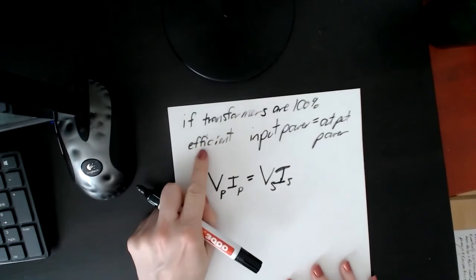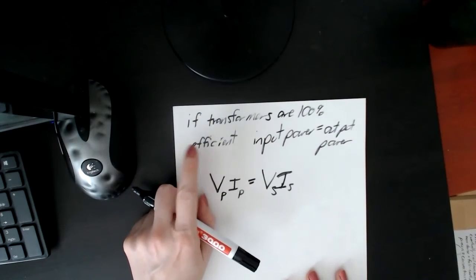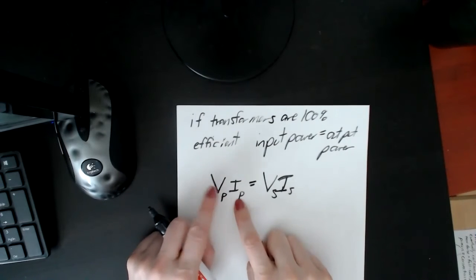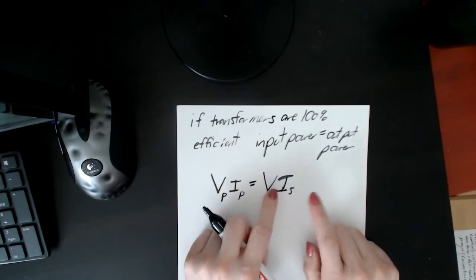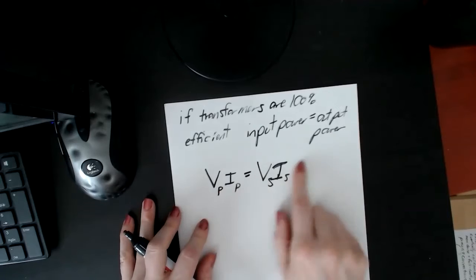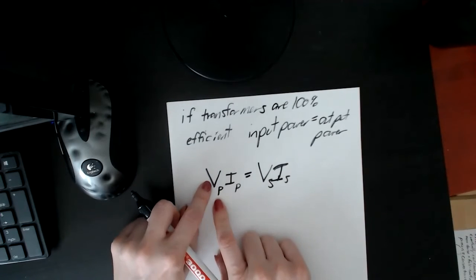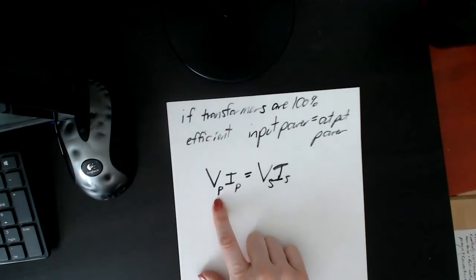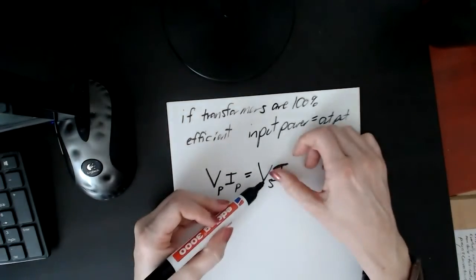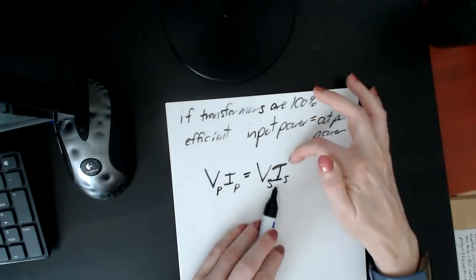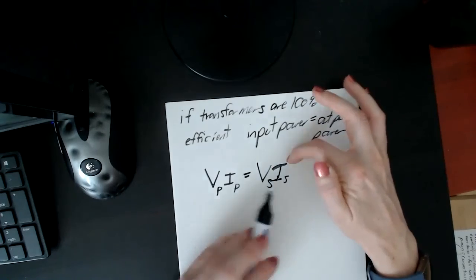So in iGCSE world, the transformers will be 100% efficient. The input power, voltage times current, is going to equal the output power, voltage times current. Using this, for step up transformers where you're increasing the voltage, you're going to decrease the current, and the other way around.